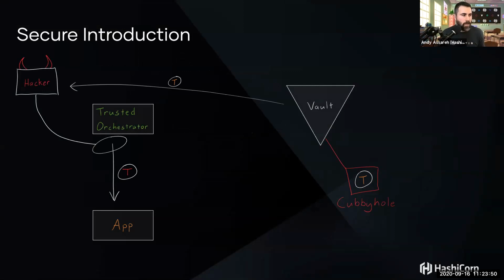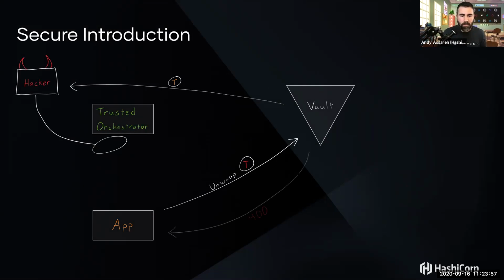And it does. Well, as soon as the application tries to unwrap its token as well, it's going to get a 400 error: invalid request, missing or invalid data. And now, based on setting up our logging and auditing to flag on errors like this, we can immediately know that something has gone wrong.